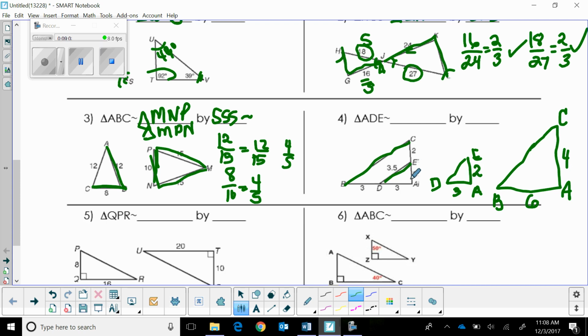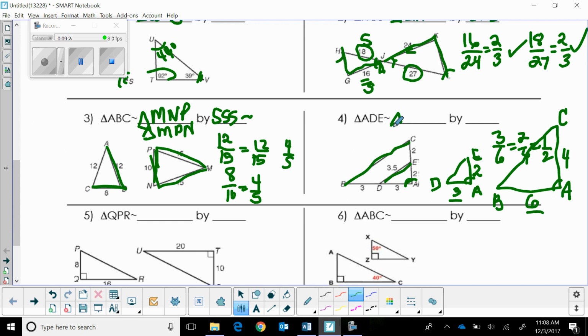But what do we know they share? They both have angle A in them. So angle A is congruent to itself, and then let's make sure the sides are proportional. 3 is to 6, as 2 is to 4, and they both reduce to 1/2. So those sides are proportional.